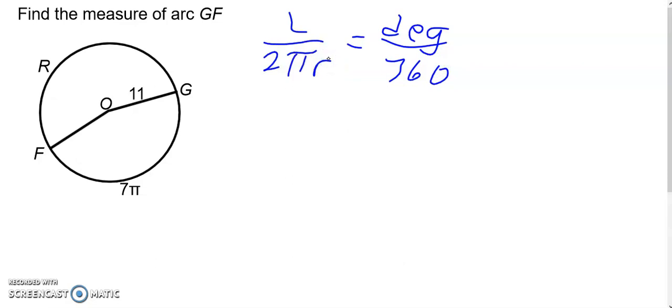What they want us to find is the measure, which is the degrees in arc GF. That means I've got to know L. L is the arc length, which is 7 pi, and for 2 pi r, the circumference, I need the radius, which is 11. So let's plug everything in.